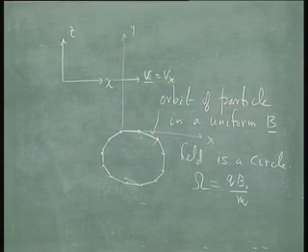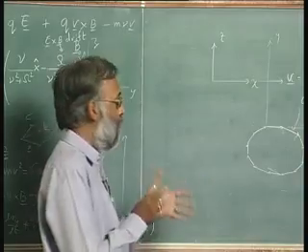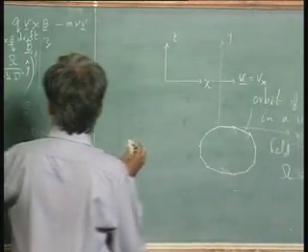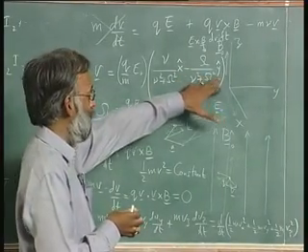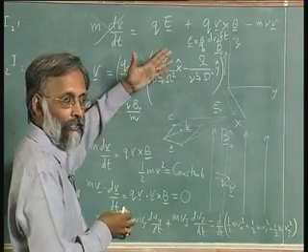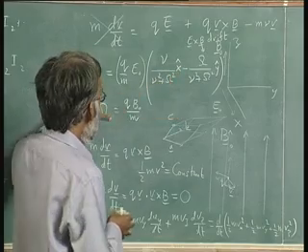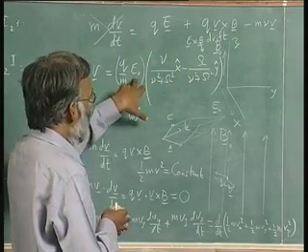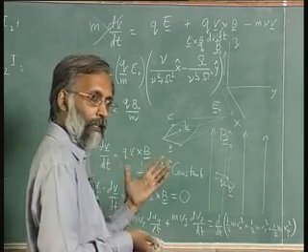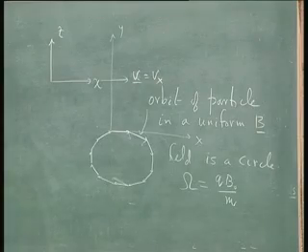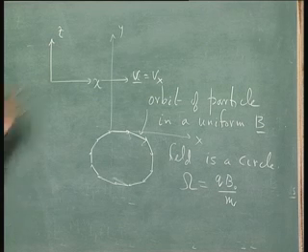Now if your velocity is equal to Vx, then your problem cannot be the same as this, because here I have a velocity both in x and in y. That is all right, I can always rotate my coordinates so that I point along velocity, in which case the electric field will not point along x alone. There will be a slight bit of electric field in the y direction. Now what does that give me?